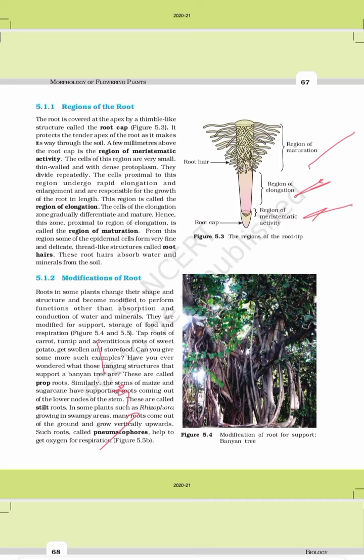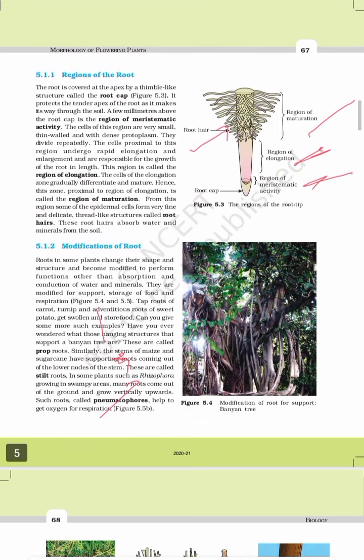After these, the epidermal cell comes, which is a very light and delicate thread-like structure, root hairs. So from the region of maturation, the root hairs develop, and these root hairs will absorb the water. Understood? So this is the structure of a region of a root.